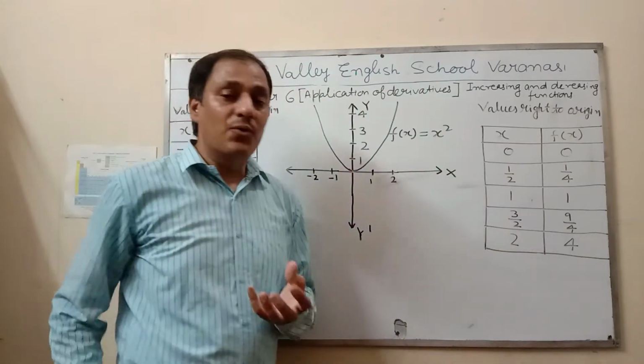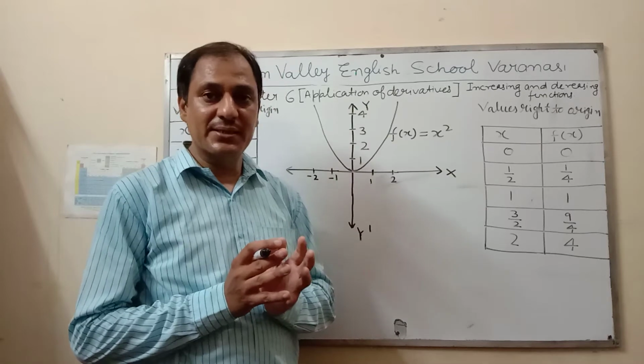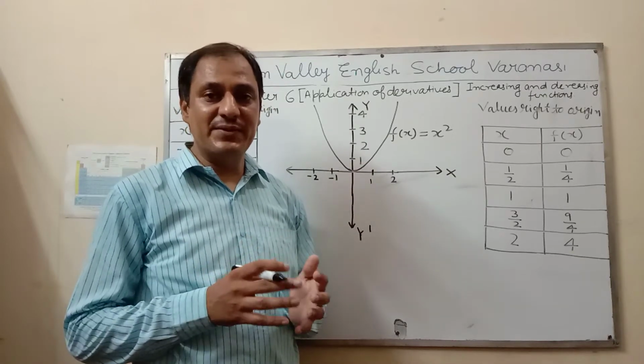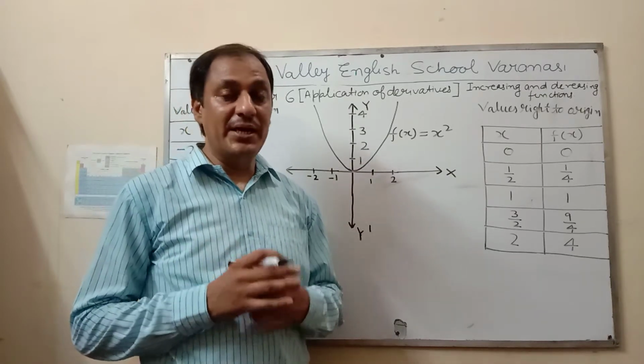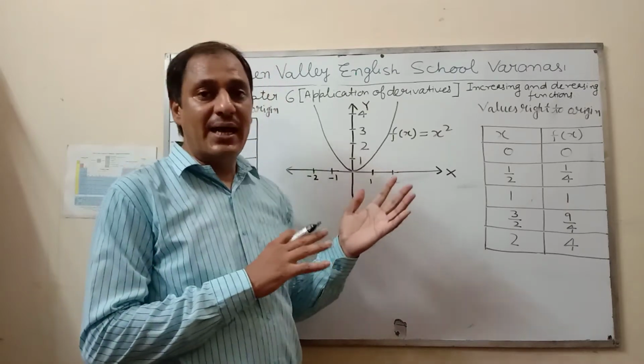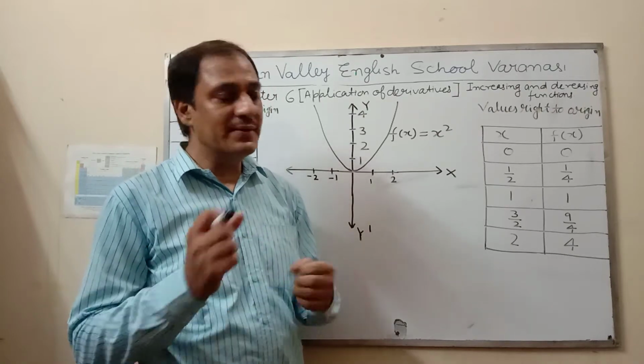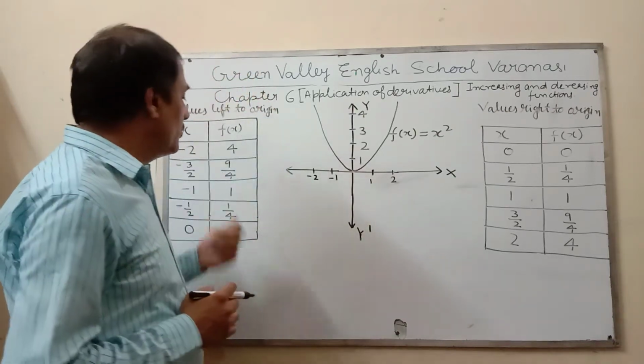Children, when do we say that the given function is increasing, and when do we say that the given function is decreasing, and in which interval? Here we have two tables.